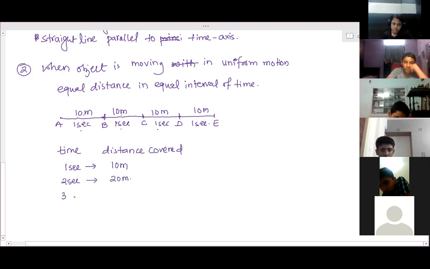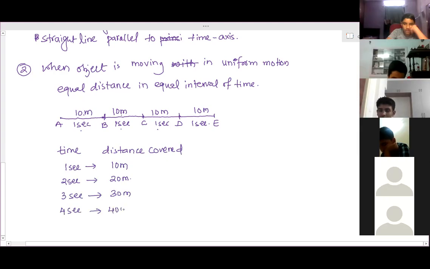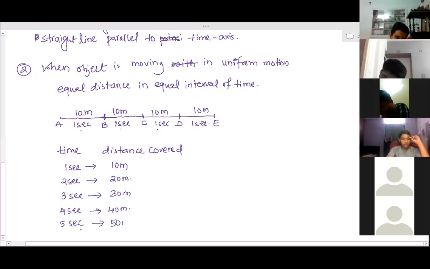In 3 seconds, 30 meters. In 4 seconds, 40 meters. And if it keeps moving further, in 5 seconds, the distance covered will be 50 meters, right? Now we have to plot this on the graph. So first listen and then write down. I will give you time to write down.